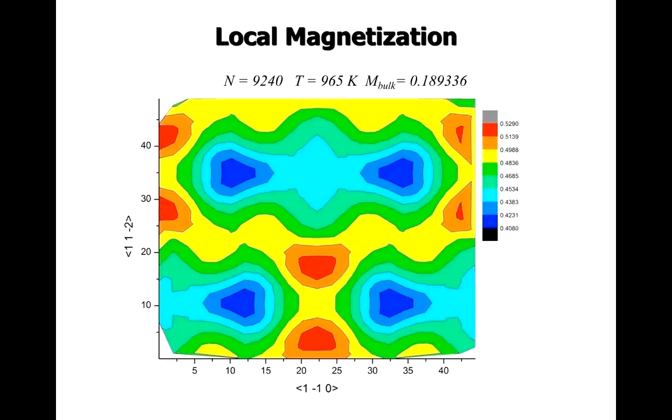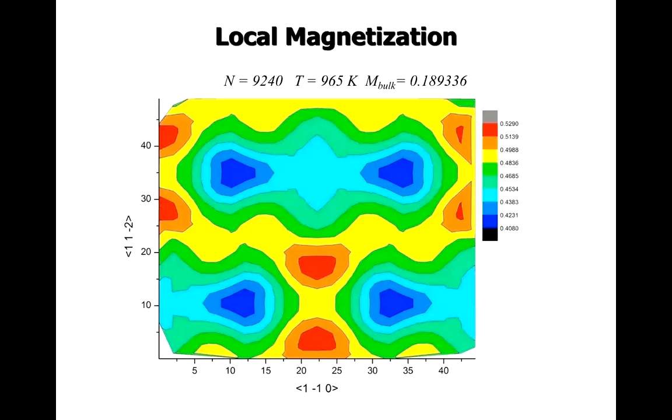So then, combining this with the first principles derived model for the magnetic interaction and the movement of the atoms, we now can see how this magnetic moment changes as we increase the temperature. So now we're at a temperature just about 100 Kelvin, 80 Kelvin below the Curie temperature of the system.